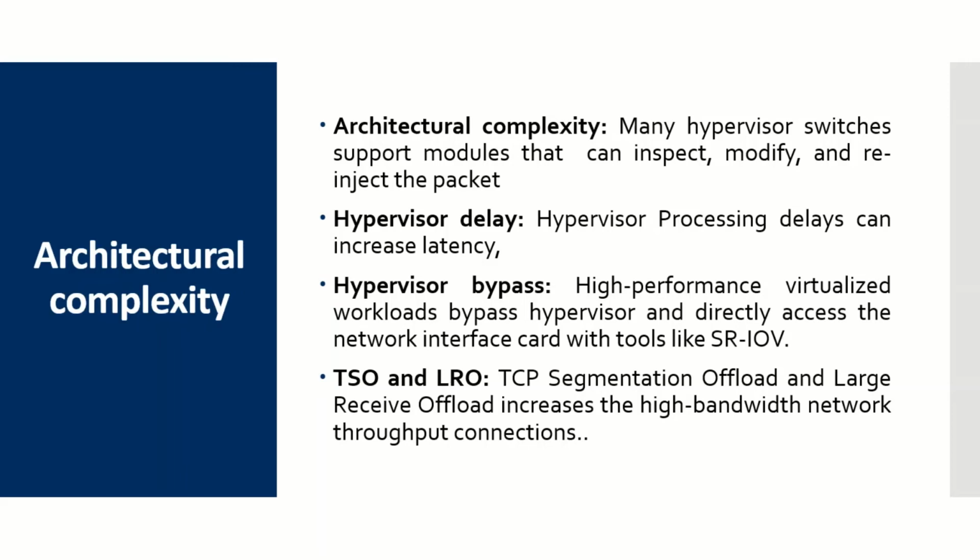This increases the flow completion time and affects the RTT estimation found in the guest TCP algorithm. More benefit can be seen when the high-performance virtualized workloads bypass the hypervisor and directly access the network interface card with technologies like single root I/O virtualization.